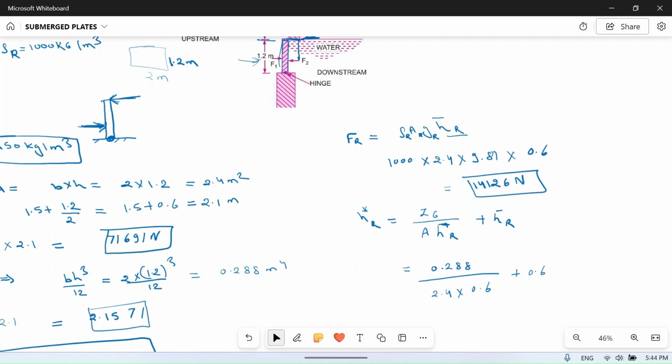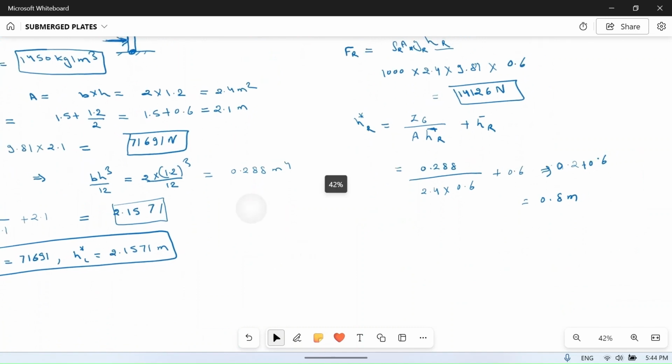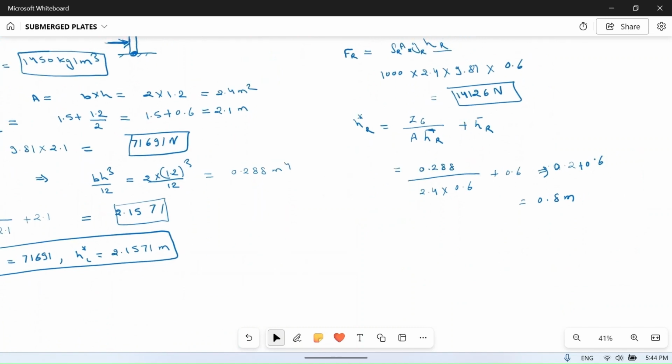If you calculate this, you will get 0.2 plus 0.6, which is equal to 0.8 meter. Okay, so this is the distance from the free surface.